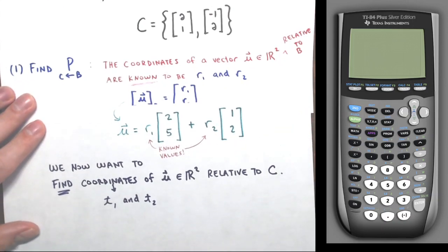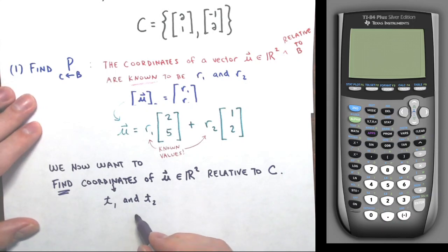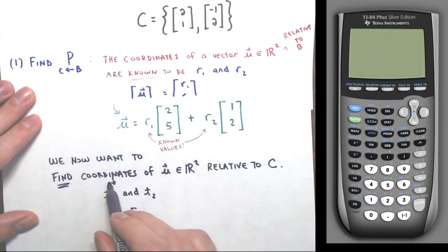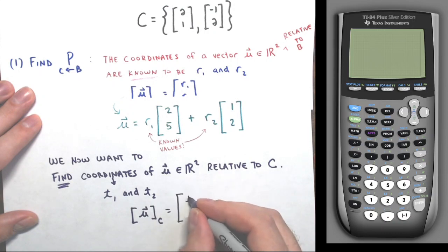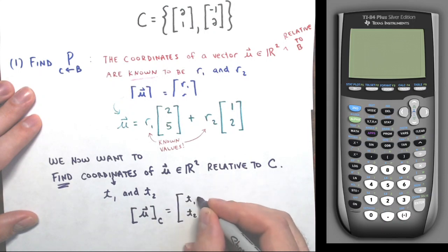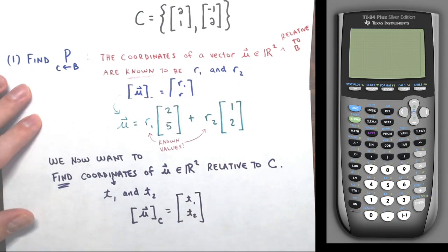So if I want to find the coordinates, that means I want to find the coordinate vector. The coordinate vector of u relative to C is this T1, T2 vector, and I do not know these.